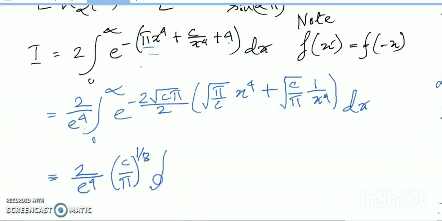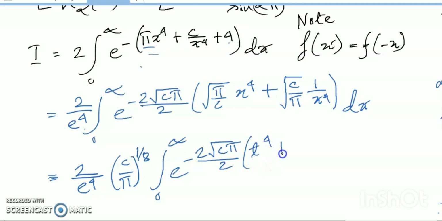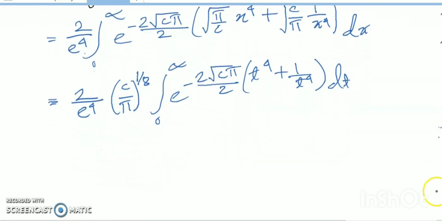So I can write this way: 0 to infinity e to the power minus 2 divided by c pi by 2 into t to the power 4 divided by 1 by t to the power 4 dt. Okay, so this is the exponential. Now we break this equation into an exponential equation.